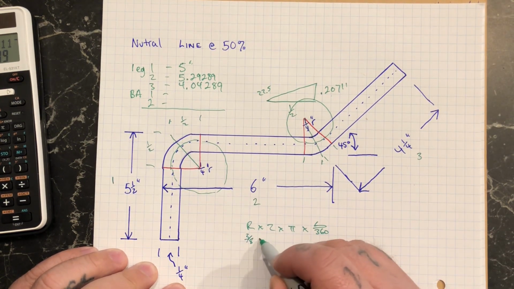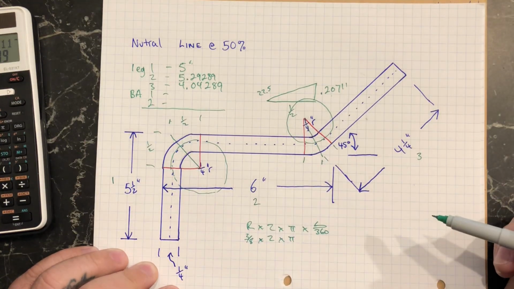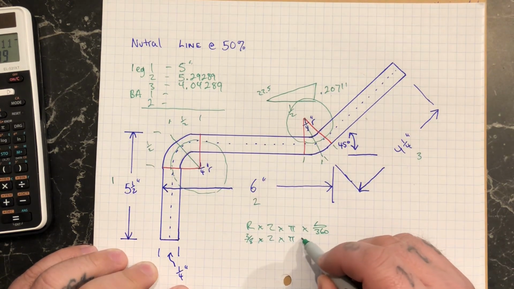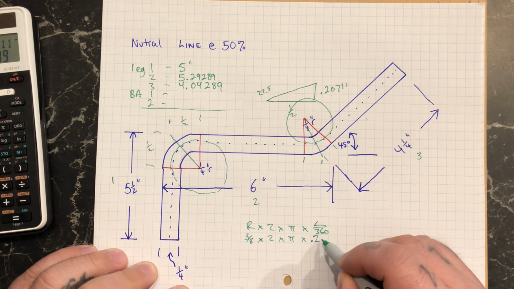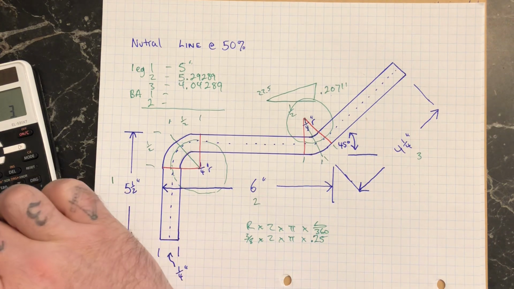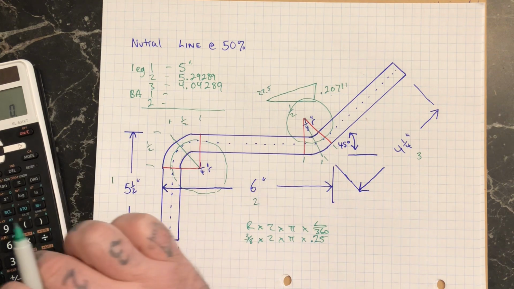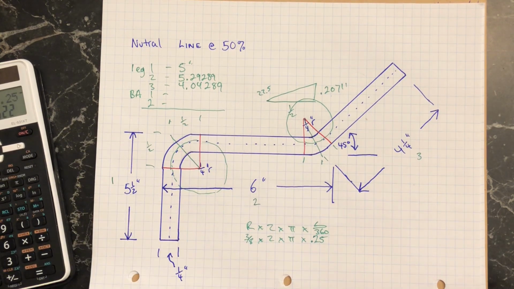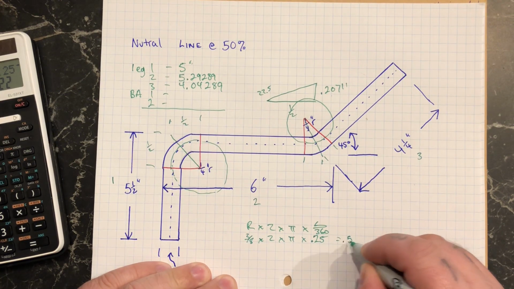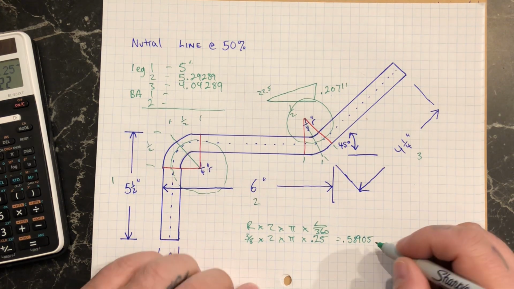So 3/8 times 2 times pi, and then the quarter of 360 degrees is 0.25. Now do that on my calculator. Times 2 times pi times 0.25 equals, so this bend allowance is 0.58905.